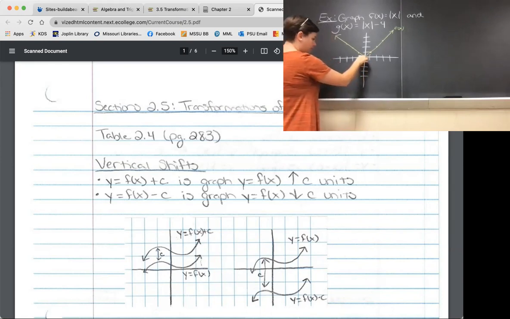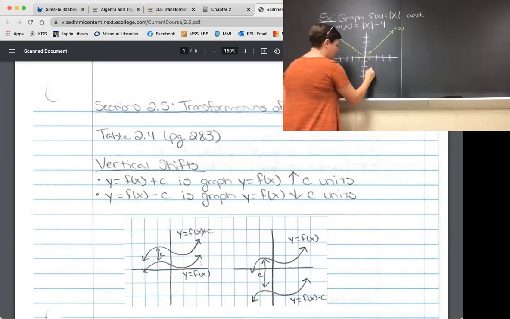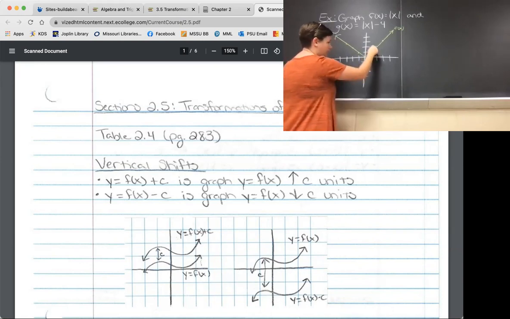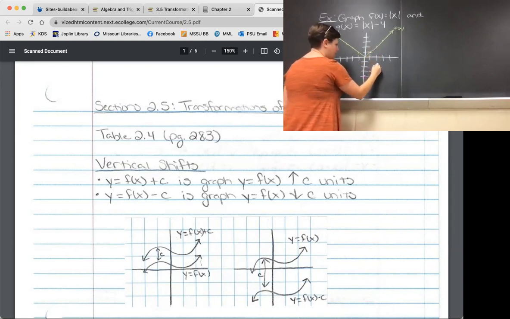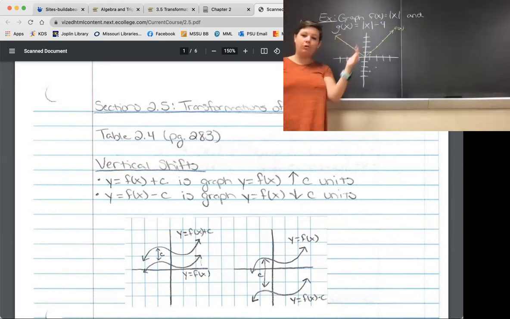So instead of having the point 0, 0, I'm now going to have the point 0, -4 down here. And instead of having 1, 1, I'm going to have 1, -3. And instead of having 2, 2, I'm going to have 2, -2. What I did is I subtracted 4 from all of my y values.